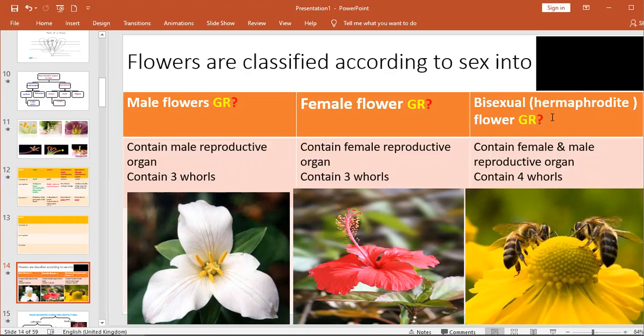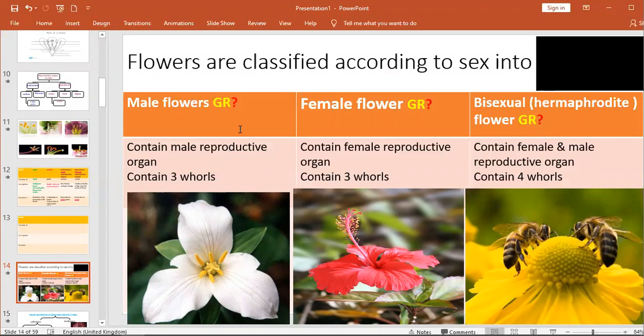A female flower contains 3 floral whorls only: sepal, petal, and female reproductive organ, or calyx, corolla, gynoecium.